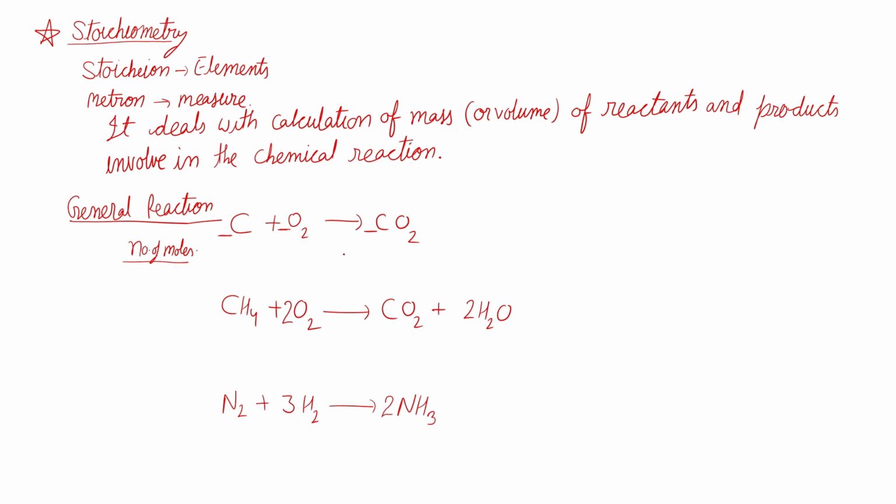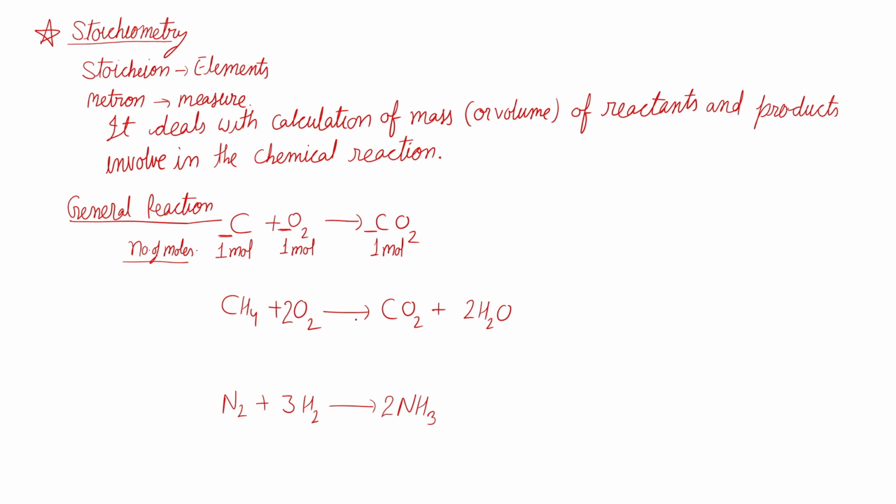Okay, like here there is no number written here, it means it is 1 mole. It is also 1 mole, means 1 mole of carbon combined with 1 mole of oxygen and produces 1 mole of CO2.